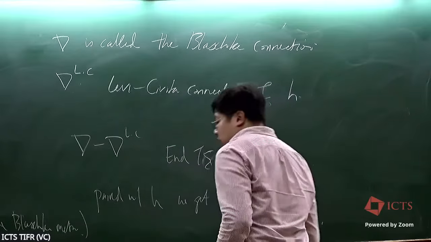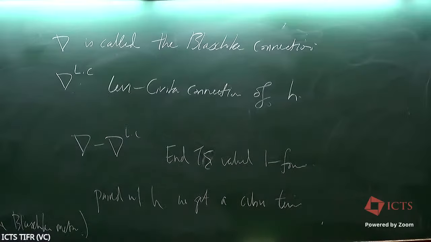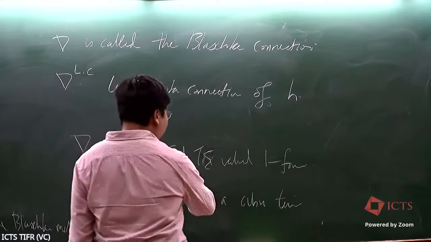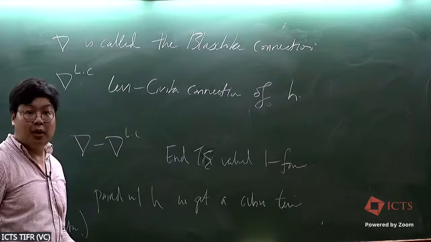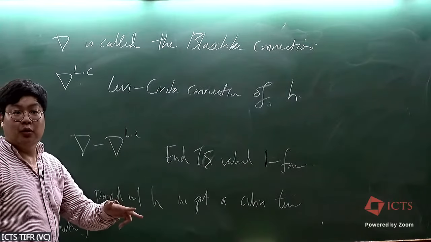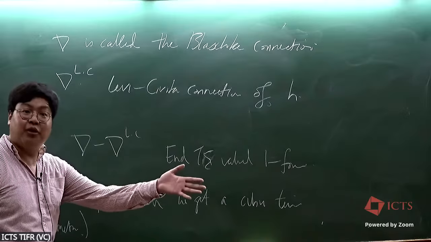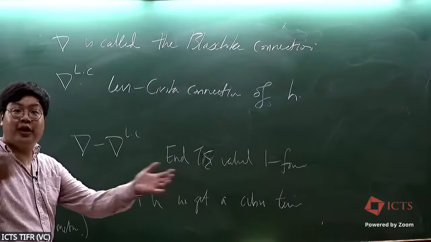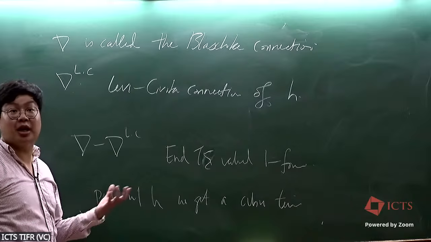So what do I mean by this? You hand me three tangent vectors, out comes a real number. Because I could take one of the tangent vectors to get my endomorphism valued one form. Then the endomorphism will act on the second tangent vector, spitting out another tangent vector. And I take my third tangent vector to pair it up with this Riemannian metric to get a real number.